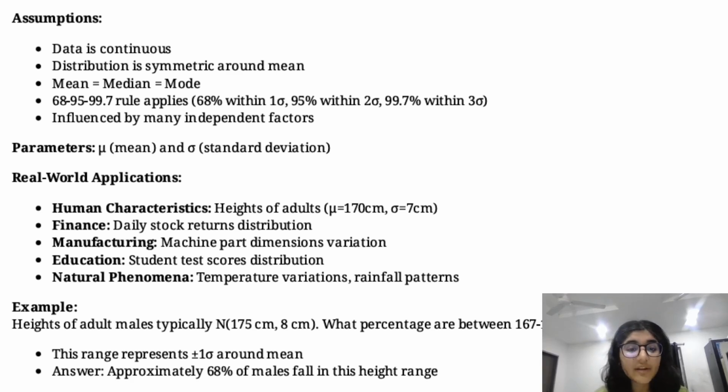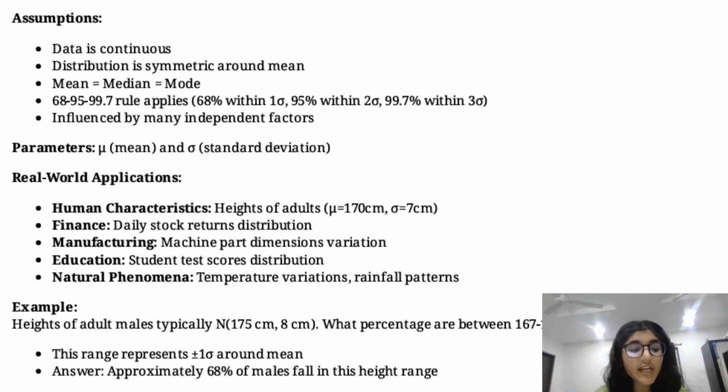It is influenced by many independent factors, where the parameters are mu, that is the mean, and sigma, that is the standard deviation. The real world applications include human characteristics, finance, manufacturing, education, and natural phenomena.